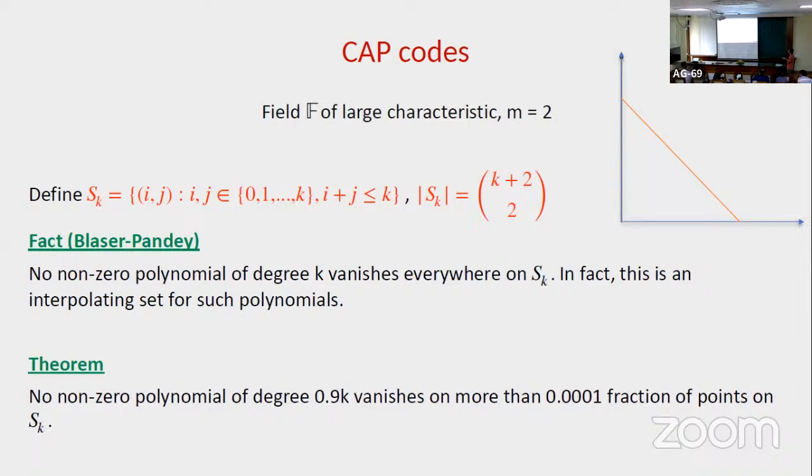So no non-zero polynomial vanishes on... Oh yeah, so it should be less than 1. Yeah, you're right. And then there should be 1 minus point... It should be less than... No, more than. More than is fine. Nothing vanishes on more than 99% of these points. Okay, fine. You know what I mean.